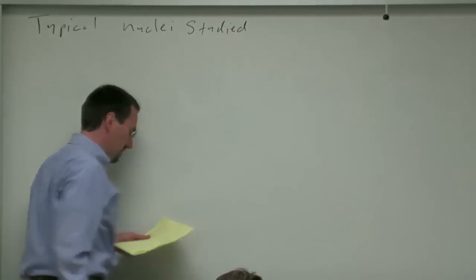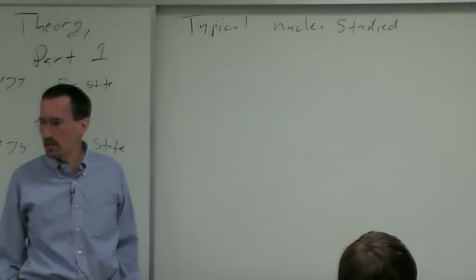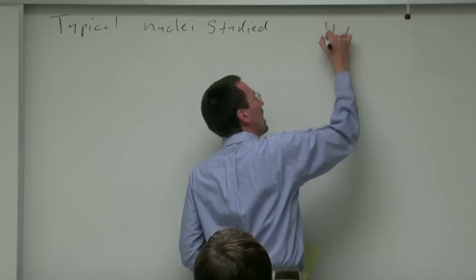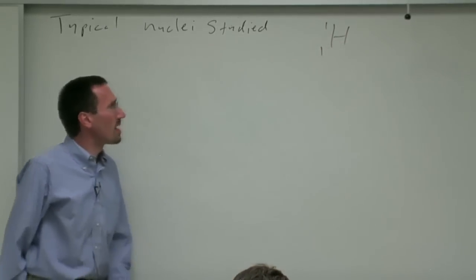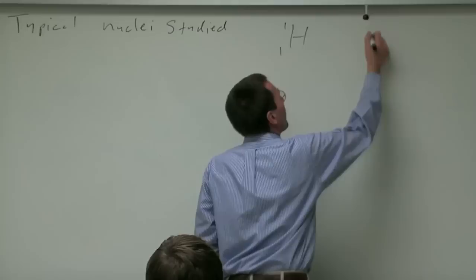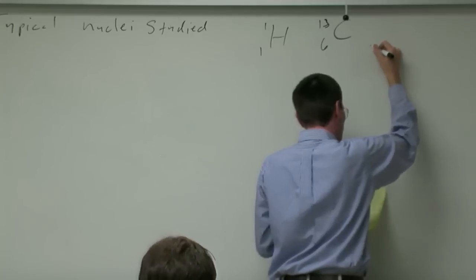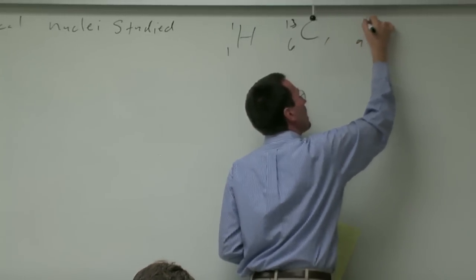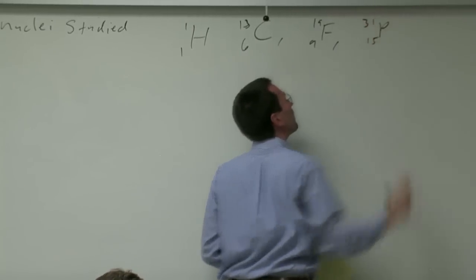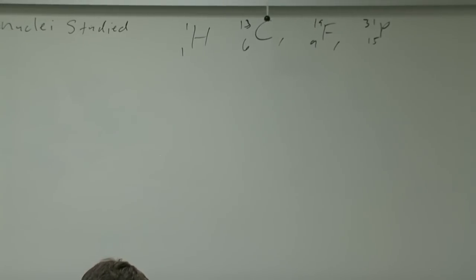So if you go, for example, to the 400 megahertz NMR spectrometer in my building, in Natural Sciences 1, you'll find that that instrument can study protons. I'm going to write the atomic number and the mass number. And it can study C13, and it can study F19, and it can study P31. And these are common nuclei that are often studied by NMR.